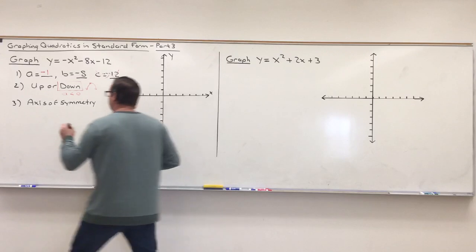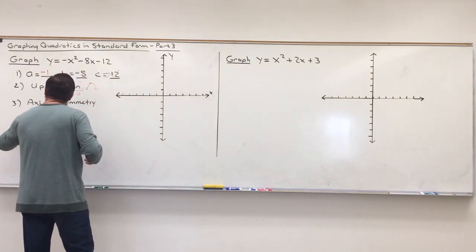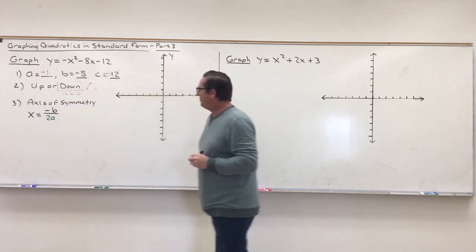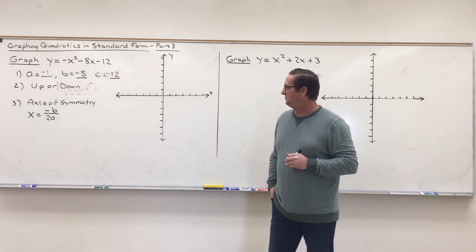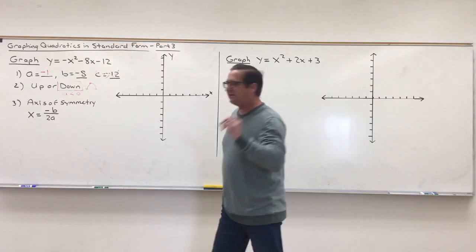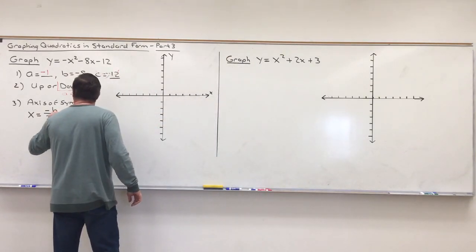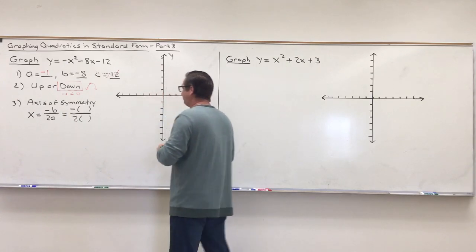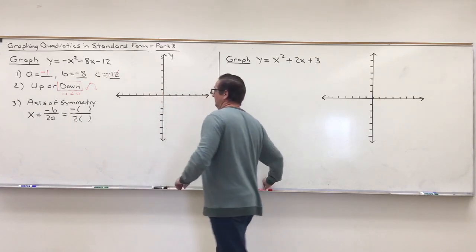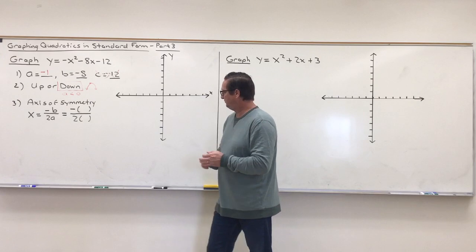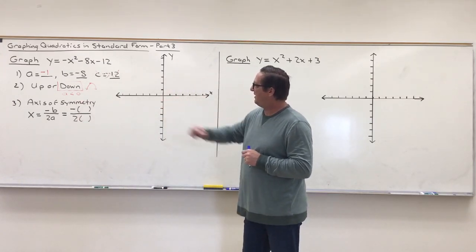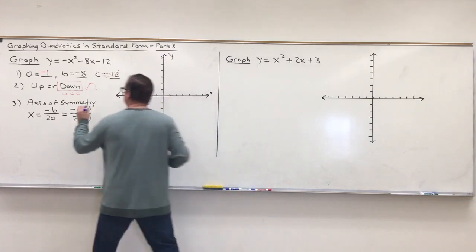So it is always x equals -b over 2a. And let's go ahead and set it up. All right, so we have b is -8.